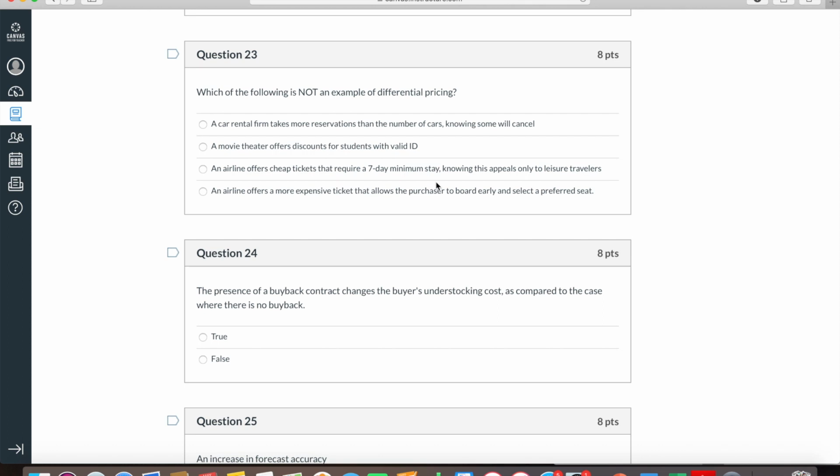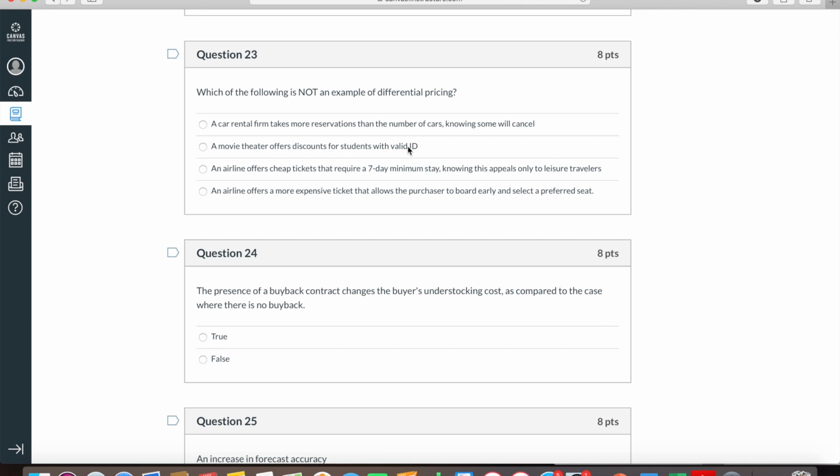So here's a trick in this. Although it has 7 days in it, which usually instantly means dynamic pricing, they're talking about leisure travelers. They're differentiating themselves. So there's leisure travelers and then there's business travelers. So you've got to make sure you don't fall for that trick.